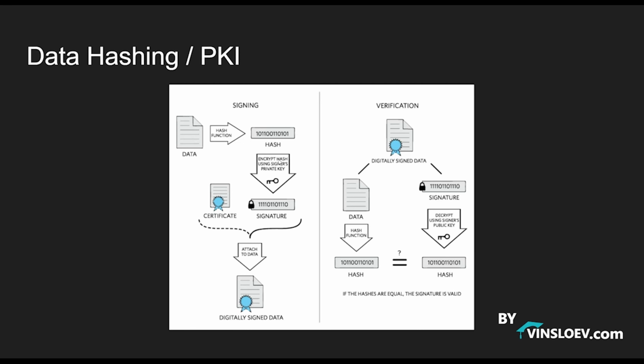But we can then use our own private key to encrypt this hashed value of the data, because our private key has a corresponding public key, and B can then use our public key to decrypt our hash value, so he can check the hash value is coming from us, and when he uses his own private key to decrypt the data that we encrypted using his public key, he can then run it through a hashing algorithm, and he can see whether these two values match. So this is what we see on this picture.